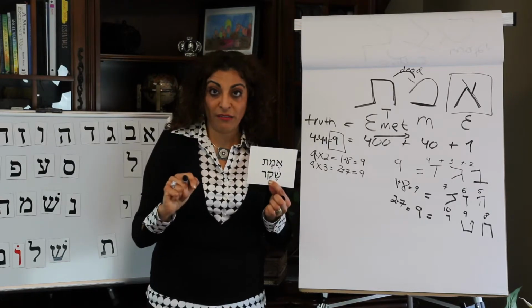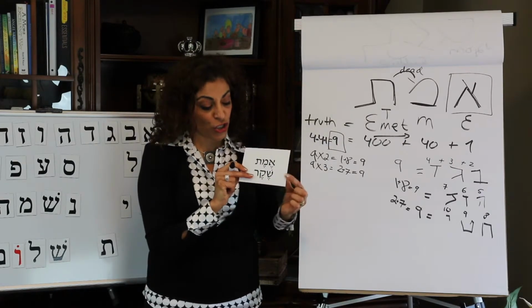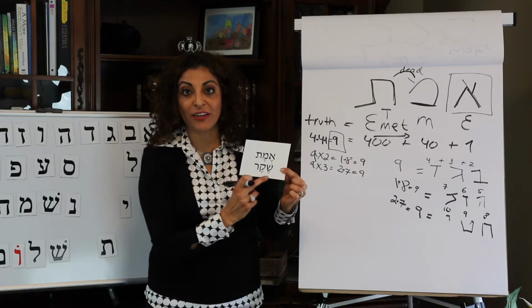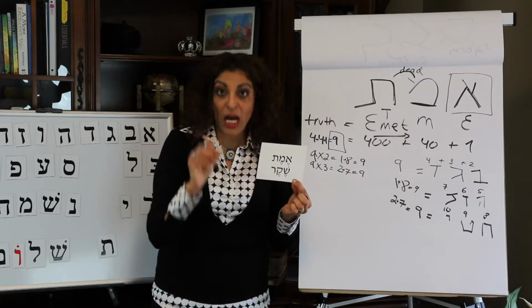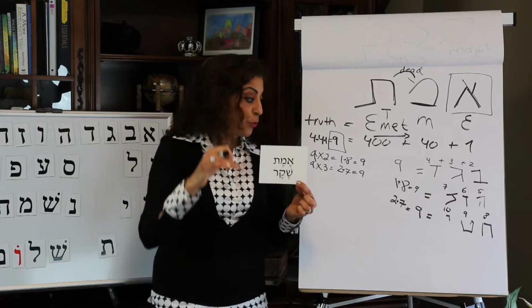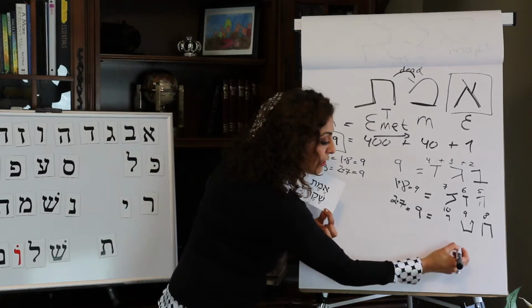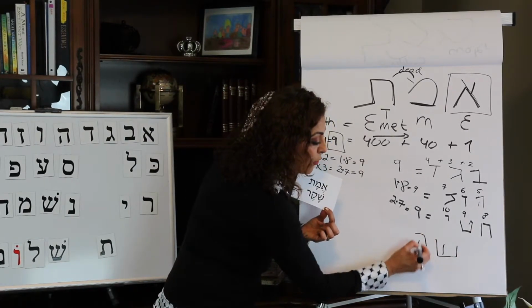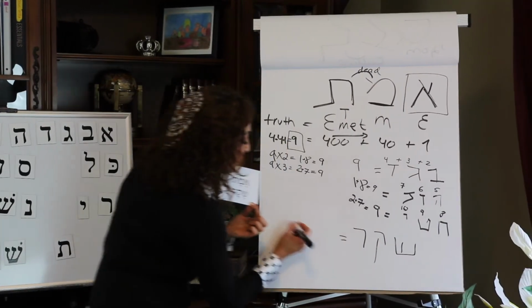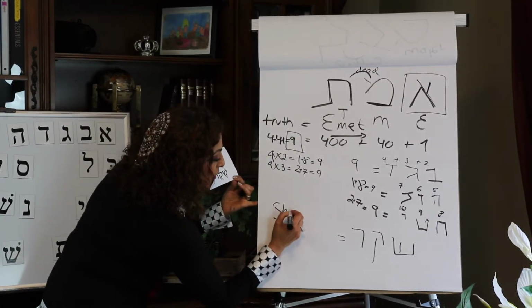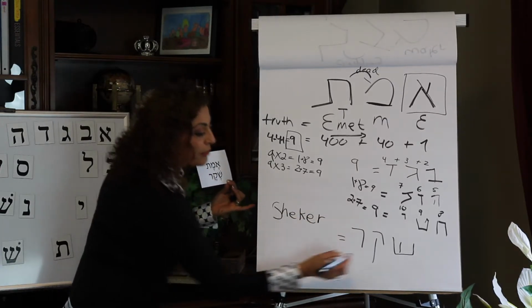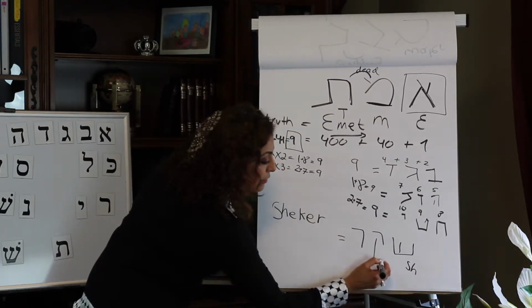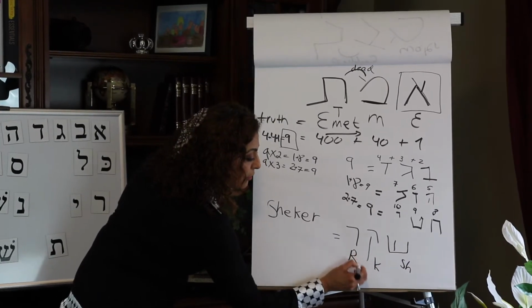On the other hand, the word sheker, right here, which means lie, the opposite of truth. I'm going to write it in transliteration, sheker. Okay, this is the sh, this is the k, this is the r.